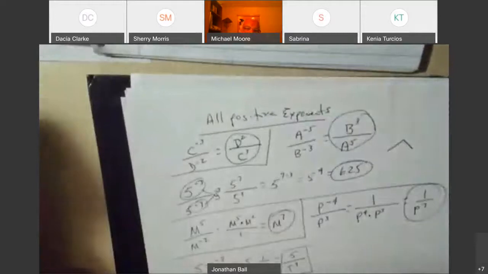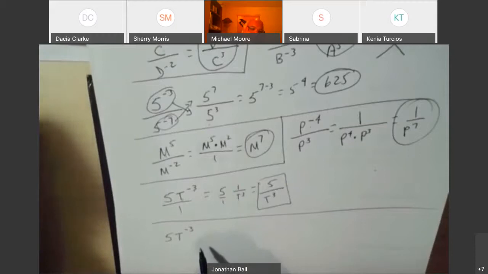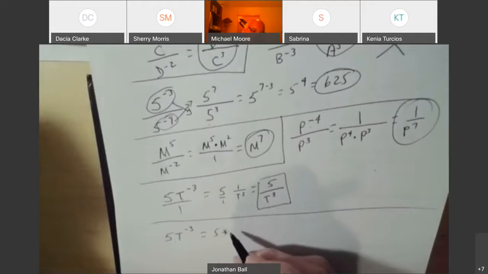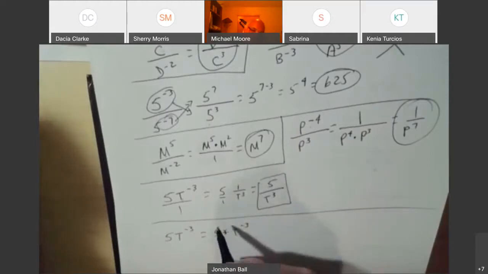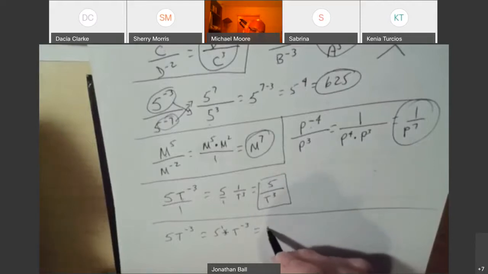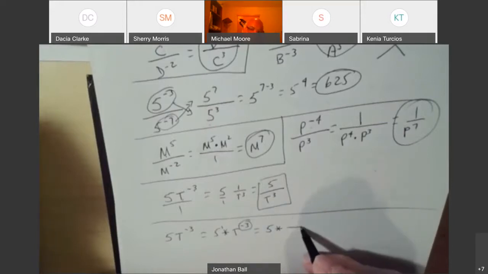Can you back it up to that last one? Sure. If we have 5t to the minus 3rd power, this actually equals 5 times t to the minus 3. The 5 has an exponent, but it's 1, we just don't write it. So this is going to be equal to 5 times, now how do we get this exponent to be positive?